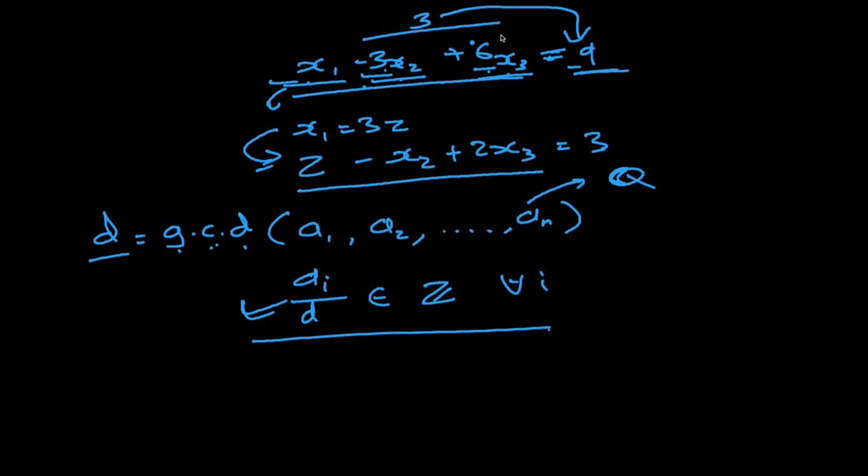So 9 is a multiple of 3. In that case, we could deduce that x1 should also be a multiple of 3, and then we could do this substitution.